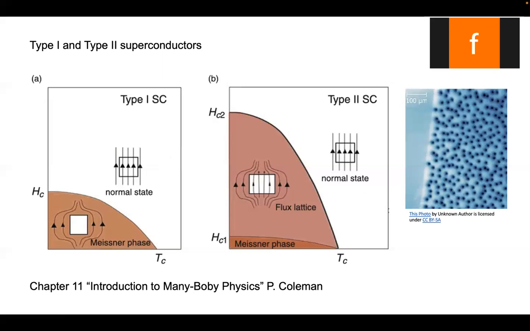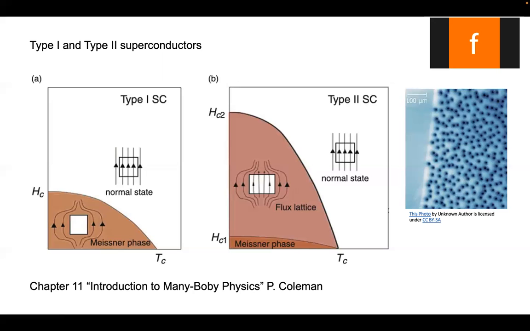That's it. This is the normal state. But then there is a critical magnetic field where we have a phase that is called the flux lattice.